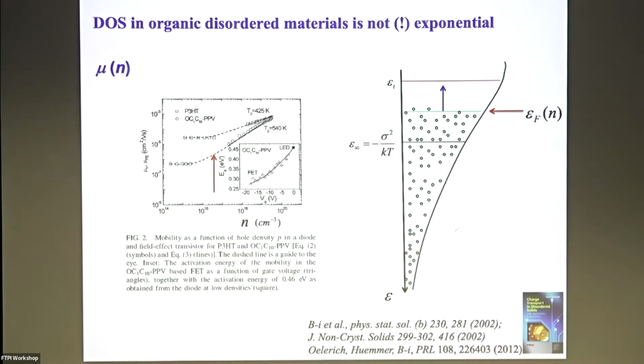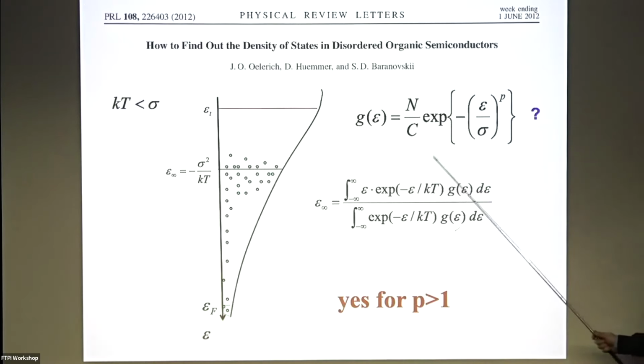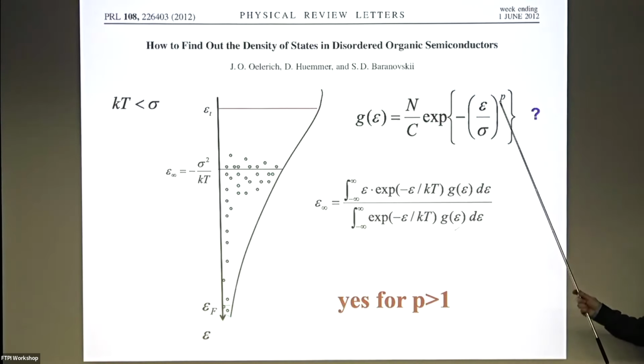And this is not a unique feature of the Gaussian density. I've already mentioned this is a feature for any density of states with this number p larger than 1. P equal 1 means exponential density of states, P equal 2 means Gaussian density of states, but P equal 1.5 also would show concentration independent mobility at low concentrations and dependence at high concentrations.